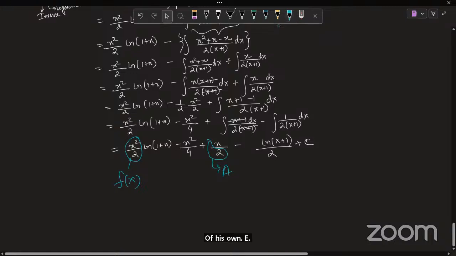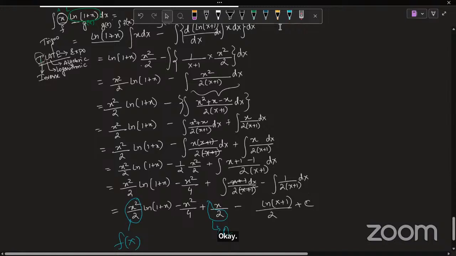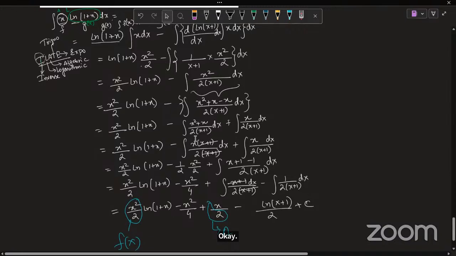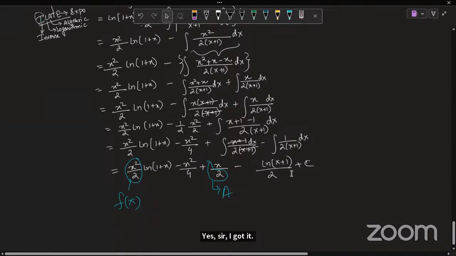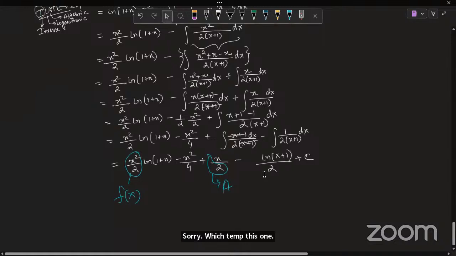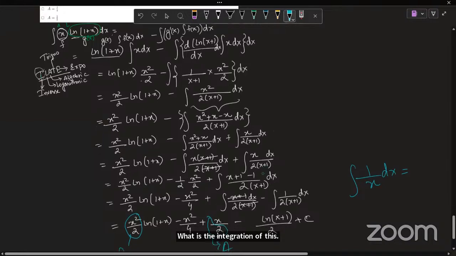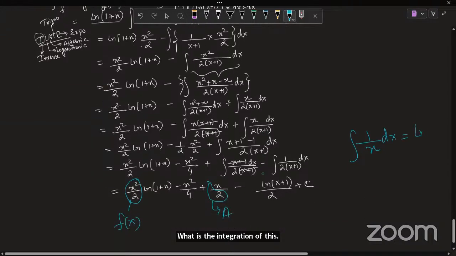Got it? Any doubt in this? Yes, sir. I got it. So the last part, sir, last step. Sorry, which step? This one? How you wrote, sir, ln x plus 1? Yes. What is the integration of this? ln x. ln x, right?